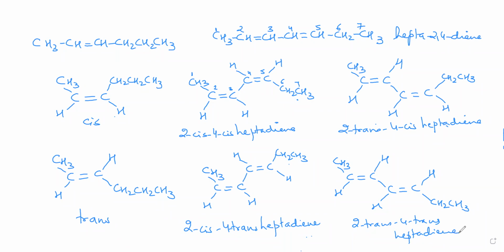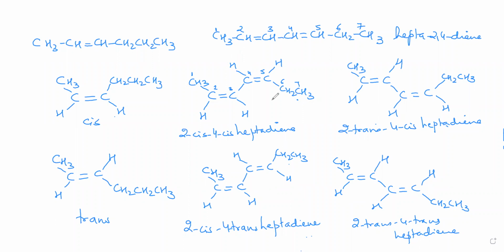Did you all finish writing? Okay, now here, this diene was unsymmetrical, and I got 4 isomers for the diene, correct?